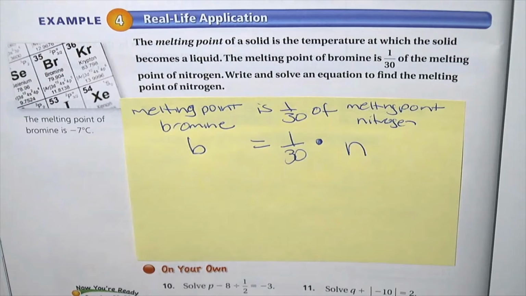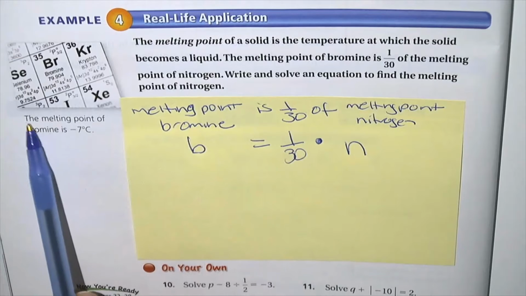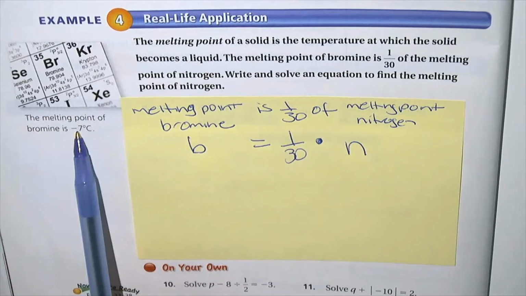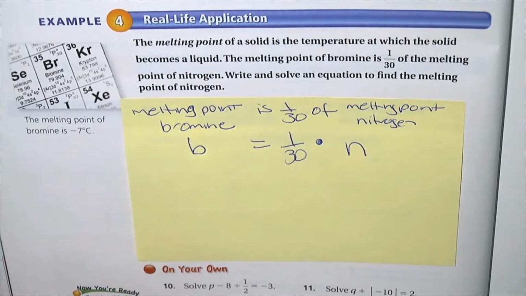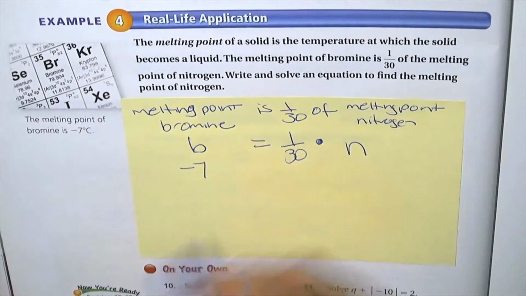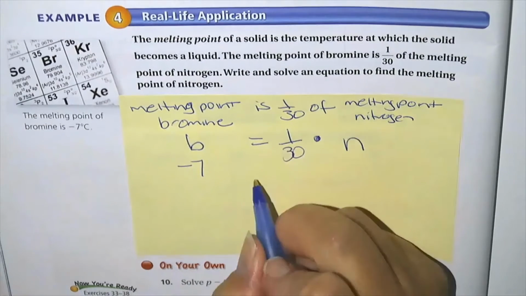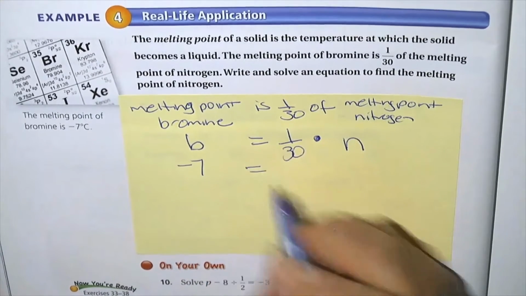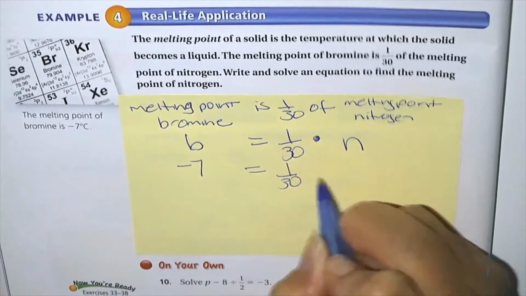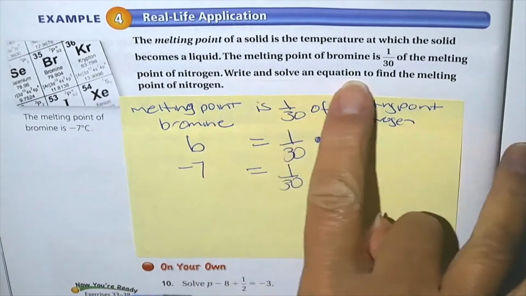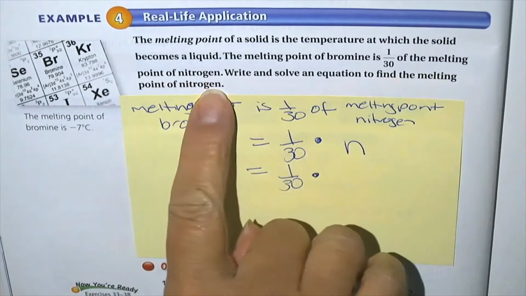Now we're going to substitute the information that we have. So here, this is telling me the melting point of bromine is -7. So I'm going to substitute -7 for bromine, is 1/30 of, and then this is telling me write and solve an equation to find the melting point of nitrogen.